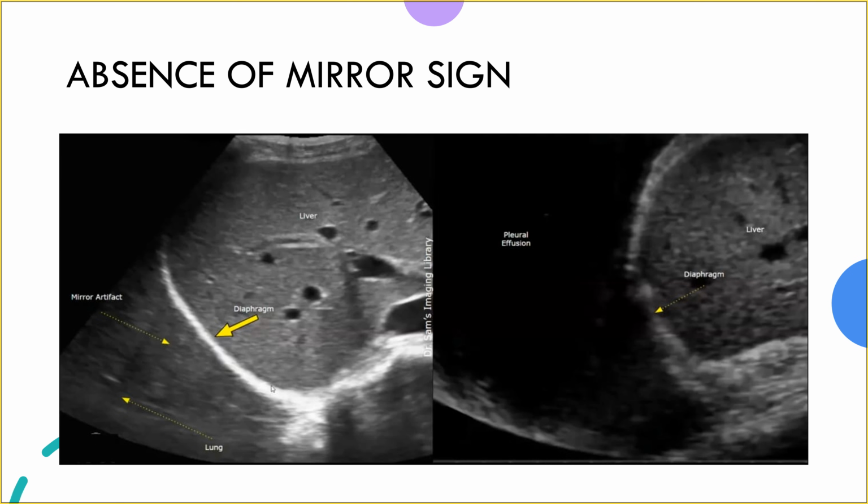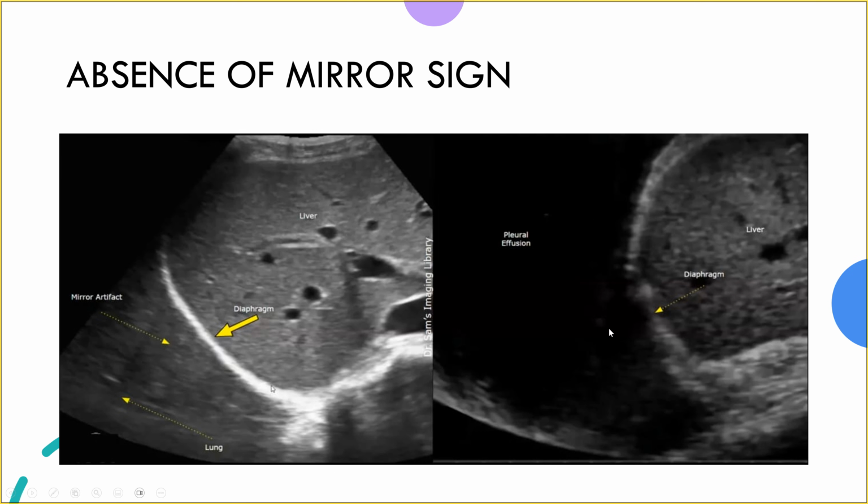And then in the ultrasound, if we are wanting to identify the pleural effusion, there are three signs that we need to be aware of. Firstly, in a normal ultrasound, what happens is that the liver is reflected into the normal lung tissue and it appears as a mirror artifact along the diaphragm, and this is the normal person.